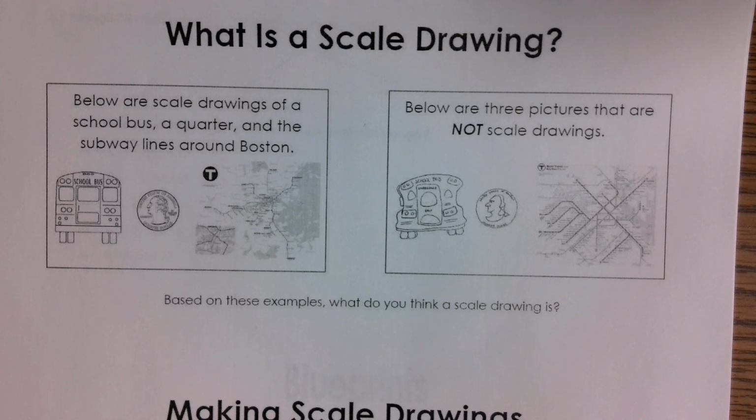Proportional is also a key word that you need to know. It has to be accurate in its shape, and it has to be proportional in its size. So it could be smaller or it could be larger.